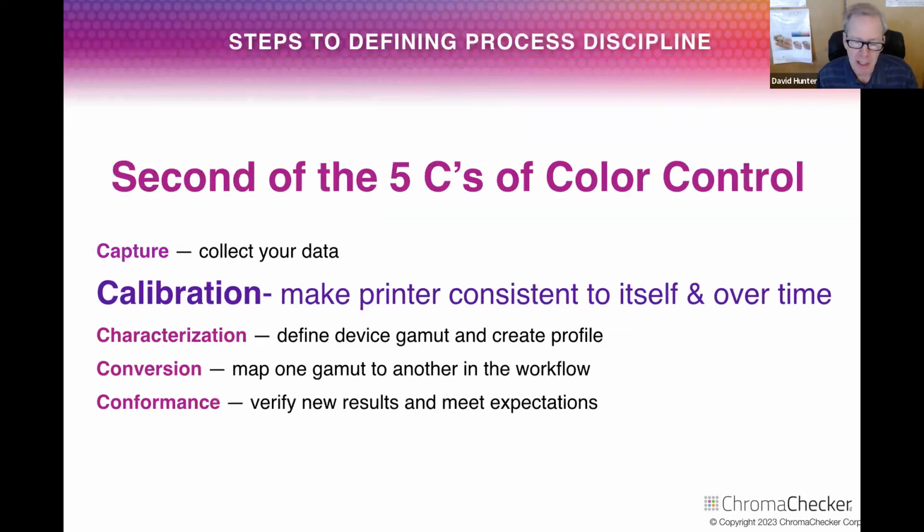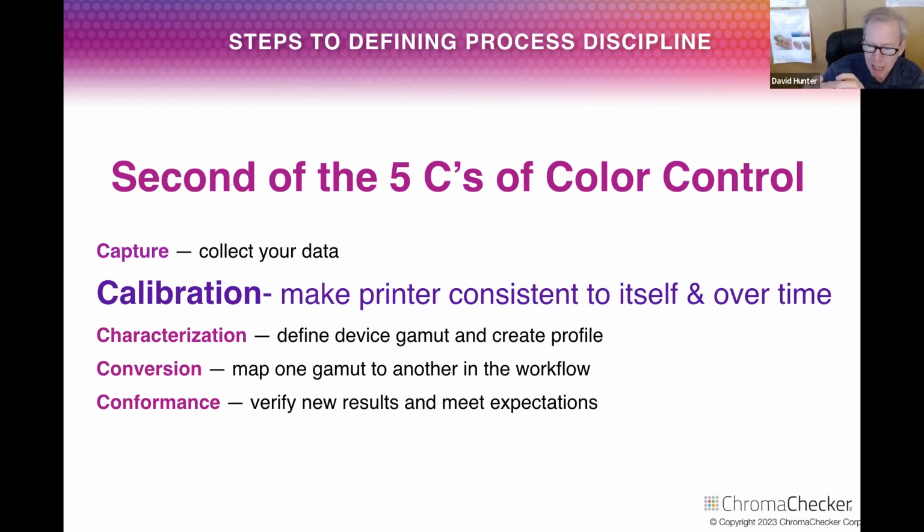the second C, and here's the 5 C's. So the first C is capturing your data. Second C is calibrating to make your printer and other devices consistent to themselves over time. The third C is characterizing your printing device, which is another word for creating an ICC profile that defines the gamut of your device.